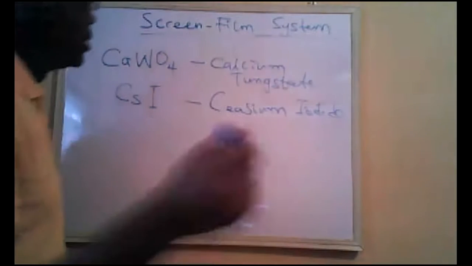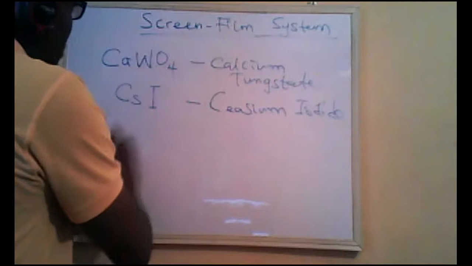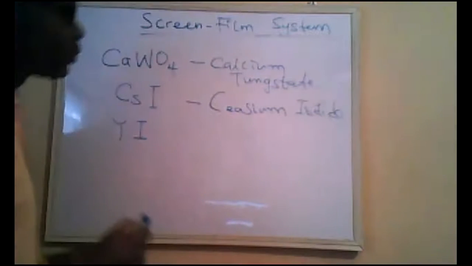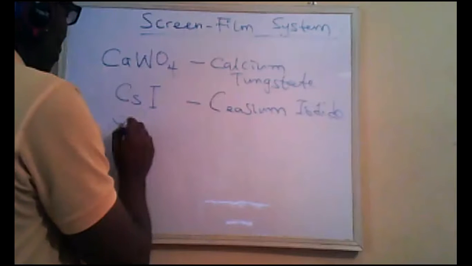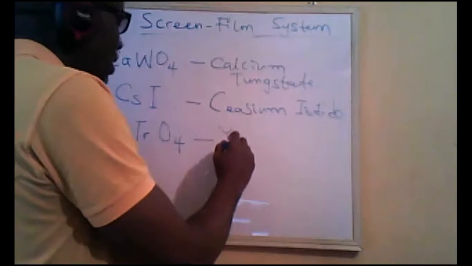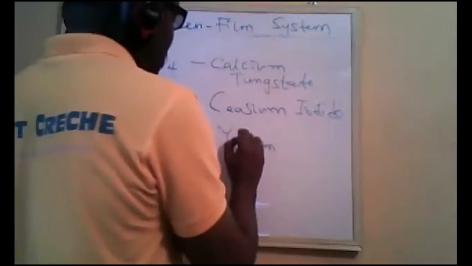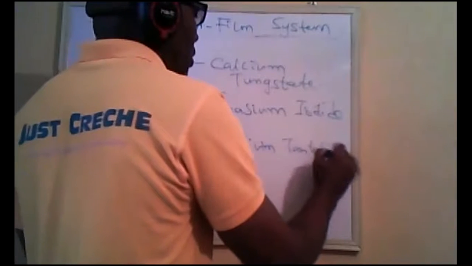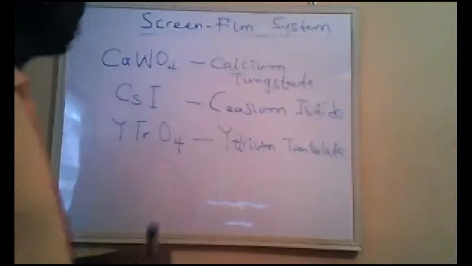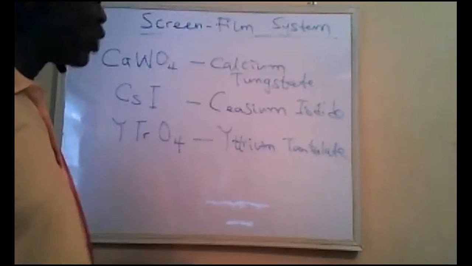Then we have yttrium tantalate, which is double T. Now, the yttrium tantalate is also a very, very good phosphor used in some of our screen film systems, though it is not so popular.